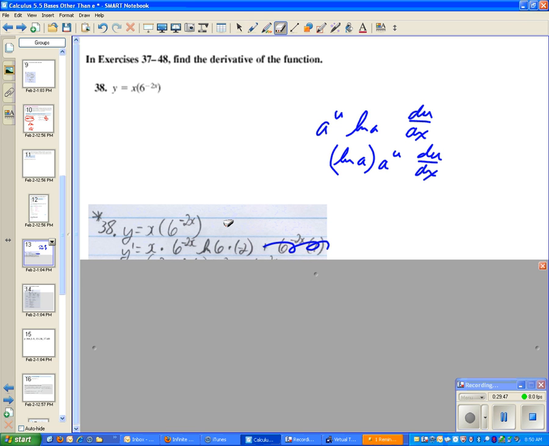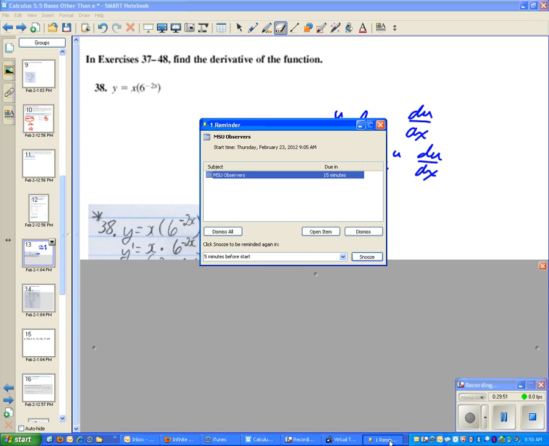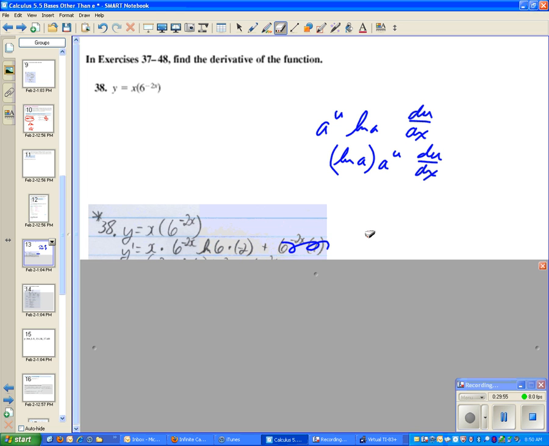All right. That's just the first half of the product rule. Ooh, wonder what I'm forgetting. Oh, yeah. Plus, second function times the derivative of the first, the derivative of x. And then the rest of it is mopping up.